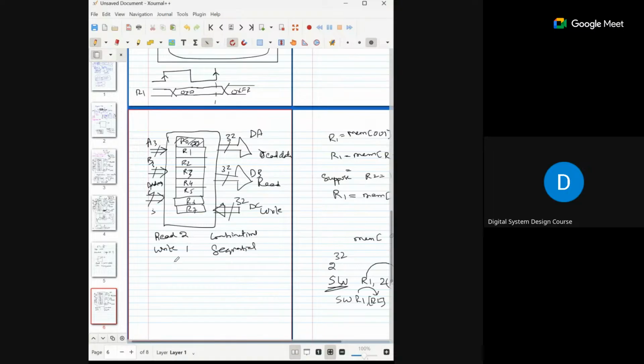Okay, so tell me how many decoder circuits are required and what is the size of the decoder, and how many multiplexers are required and what is the size of each data line of my mux.